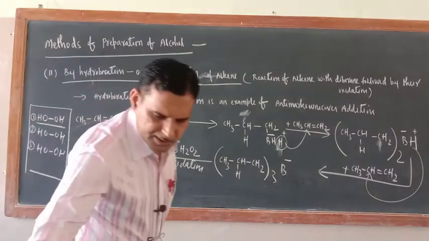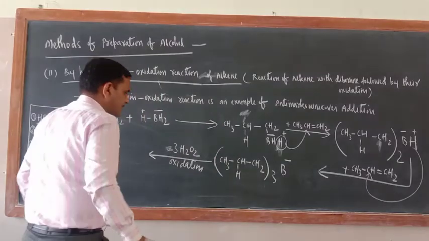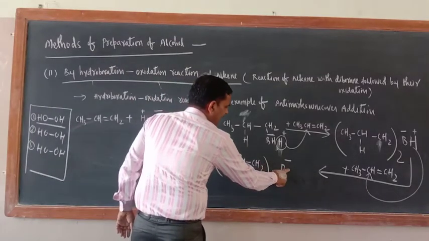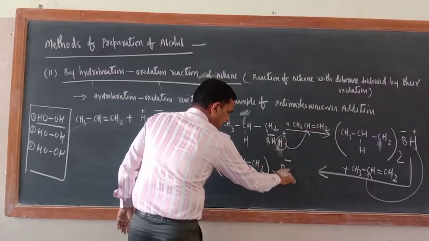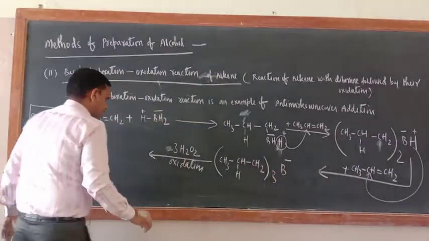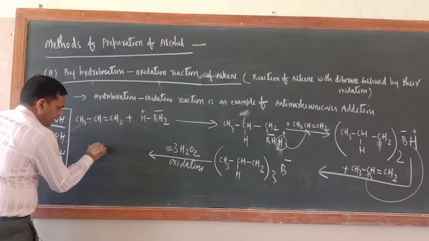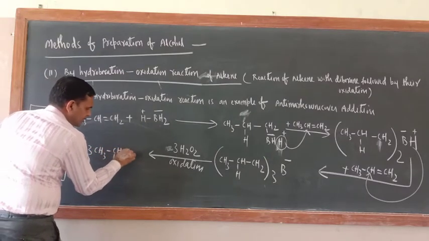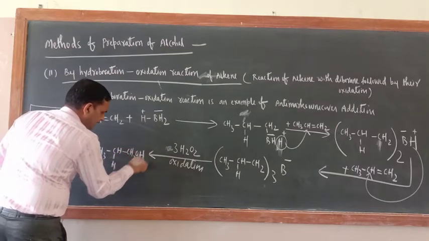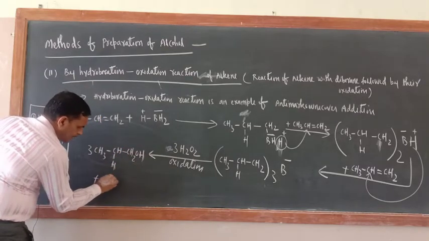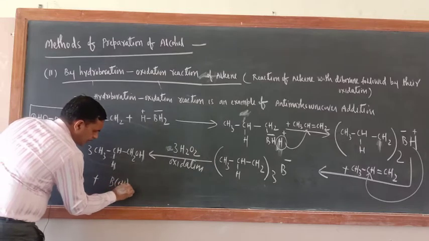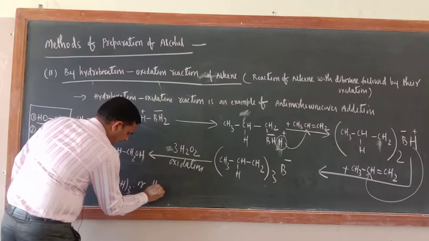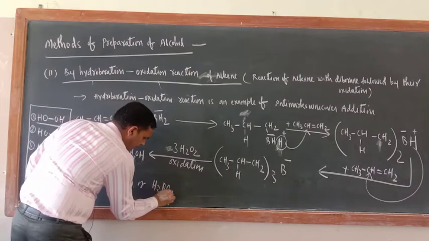Now try to understand here. Attach 3 OH here and 3 OH here, out of 6. So it would be 3 CH3CH2CH2OH, correct, plus B(OH) thrice, or you can write H3BO3.